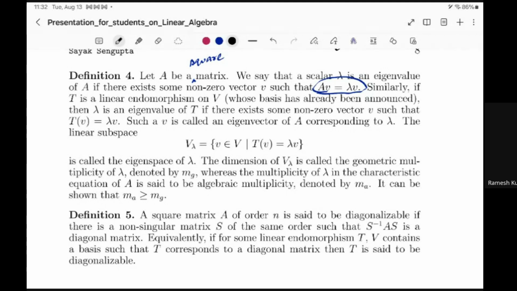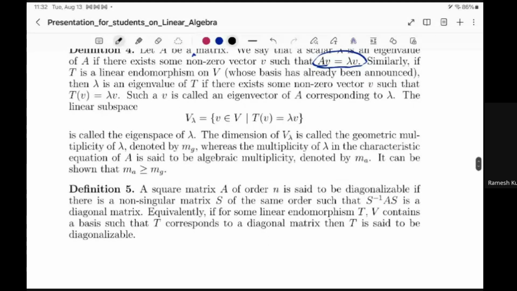We are a little pressed for time, so I'm going to skip that. For each eigenvalue lambda, we will have an eigenspace, which is the set of all vectors that satisfy this. So V sub lambda will be the eigenspace associated to an eigenvalue lambda.